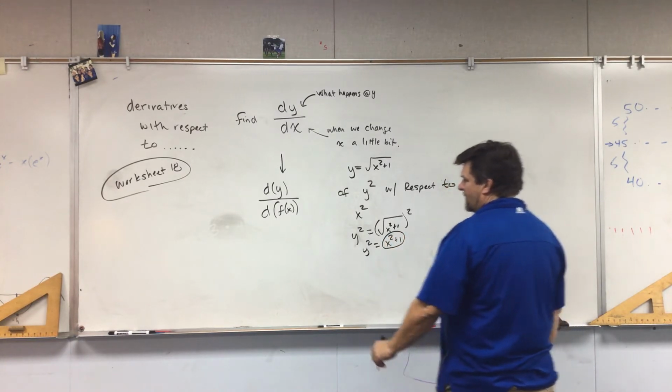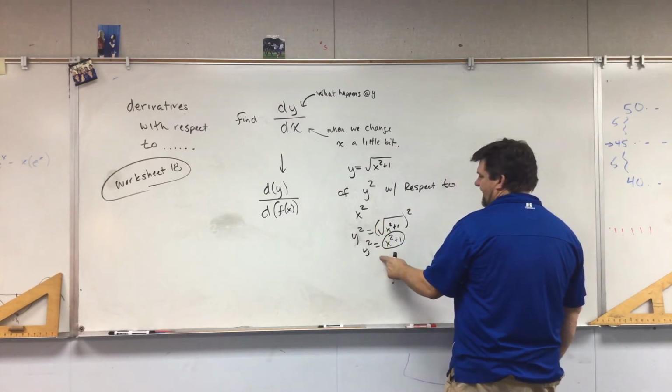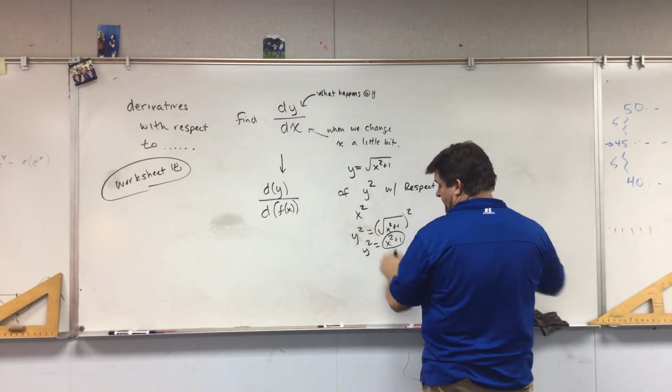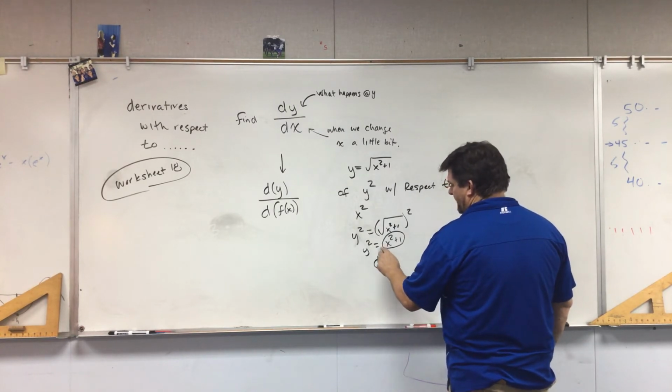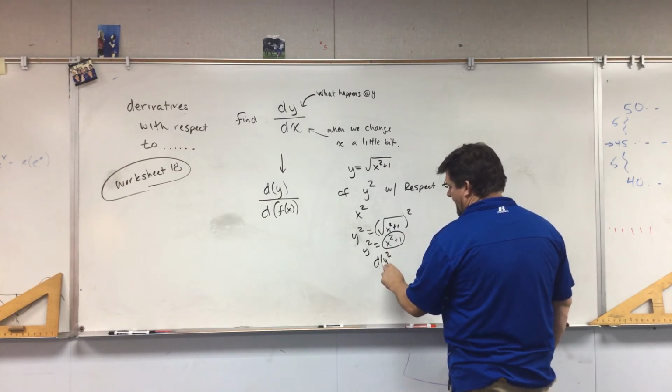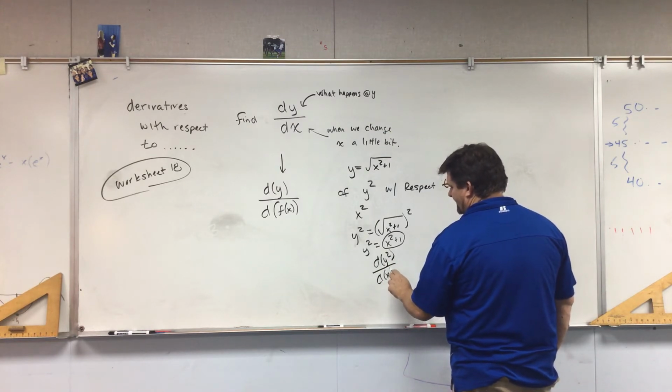So right now I've got y squared, and I want it with respect to x squared. So let's look at this. So the derivative of y squared with respect to the derivative of x squared.